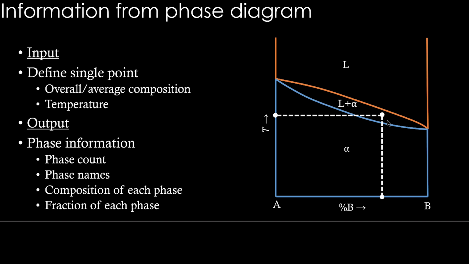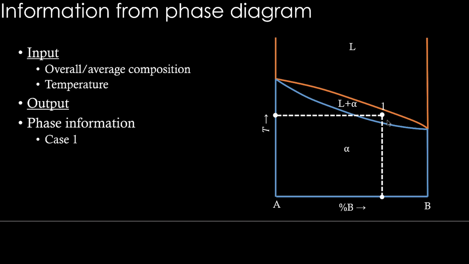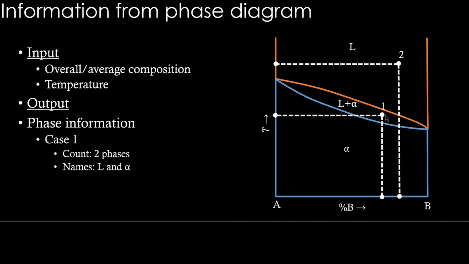So let's see how to read them one by one. First, the phase count. So in this case 1 here, count is two phases, liquid and alpha, L and alpha, and let's say in this case 2, a different point in the phase diagram, the count is only one phase and the name of the phase is L.